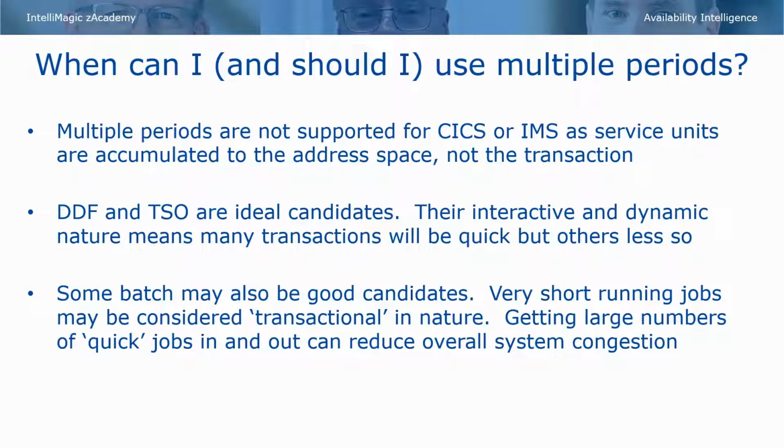You want that to run quickly. Somebody shouldn't be waiting a long time just to scroll. Whereas, say, an intensive background task that could also be run in someone's foreground TSO, that shouldn't be allowed to compete with other TSO users that are doing something as trivial as scrolling. That's why multiple periods work really well with TSO.